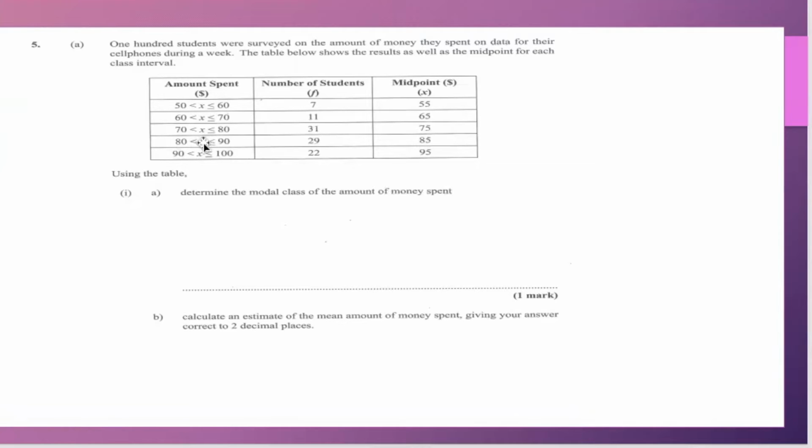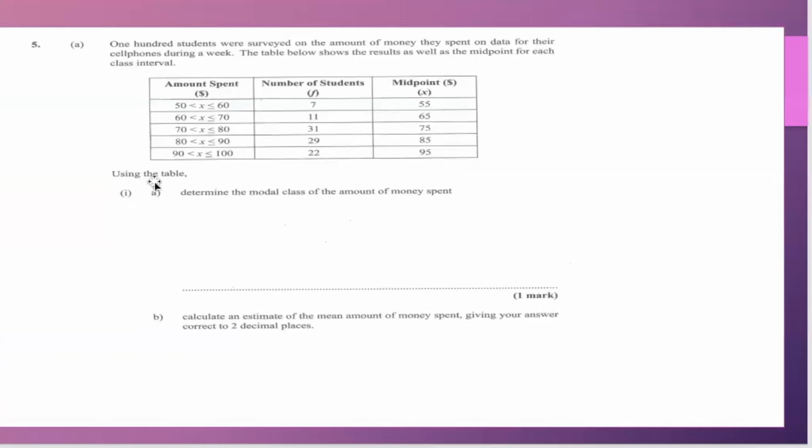Here we have X is greater than 80 but lesser than or equal to 90. The number of students is 29 and the midpoint is 85. And remember, it's the midpoint of this. Here we have X is greater than 90 but lesser than or equal to 100. And the number of students is 22 and the midpoint is 95.